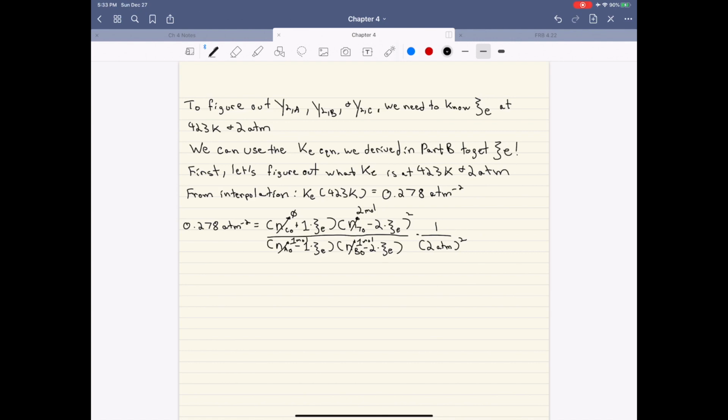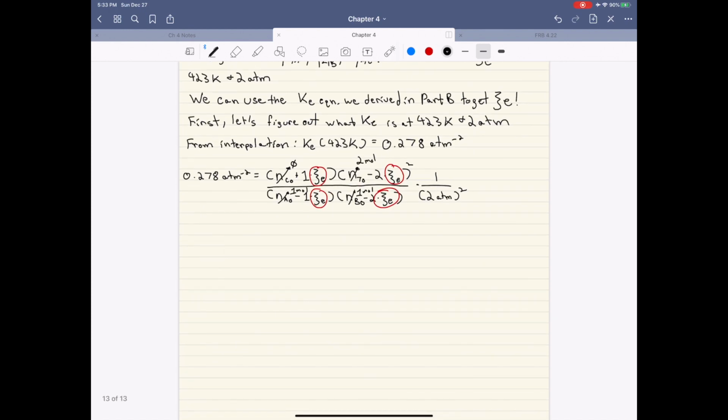Alright, and so really the only unknown we have in our relationship right now is the extent of reaction at equilibrium. So if we just rearrange the equation and we simplify it a bit, what we actually end up getting is a quadratic relationship. .317 equals 0.